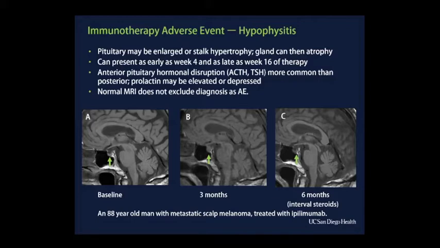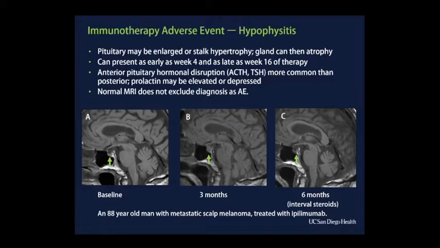This can occur early on or may occur up to 4 months into therapy. And so while the reports vary, hypophysitis has an incidence of between 0.4 and up to 17% associated with IPI. It more commonly results in anterior pituitary dysfunction, but it's not exclusive to the anterior pituitary hormones.